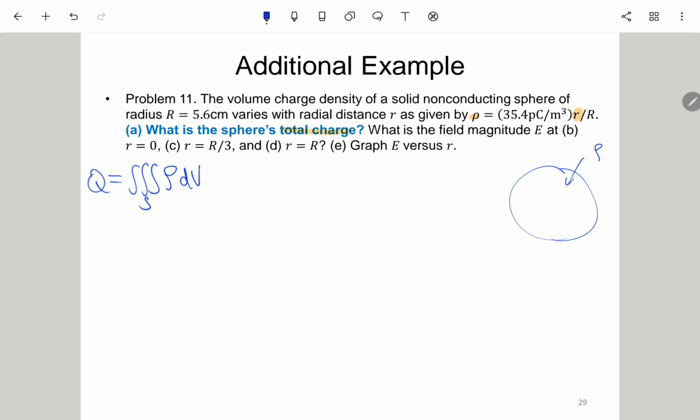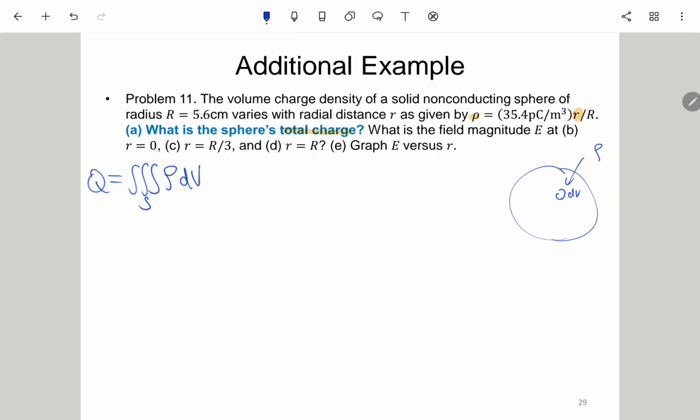So let us try to cut this sphere into many small parts. Every small part is a dV, and every part will have the rho as the volume charge density. So rho times dV will be the charge for every small part, and then we use integration to add all of them together, which will be the total charge in this sphere.